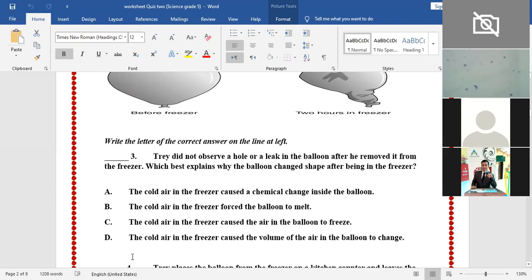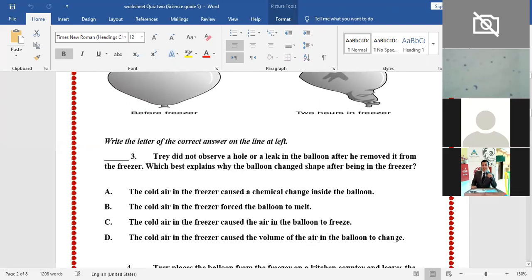Okay. Why after 2 hours does the size of the balloon get smaller or shrink? Because the cold air in the freezer caused the volume of the air in the balloon to change.